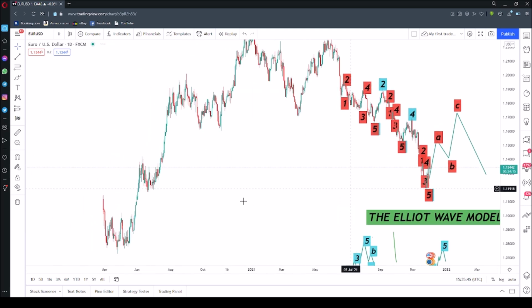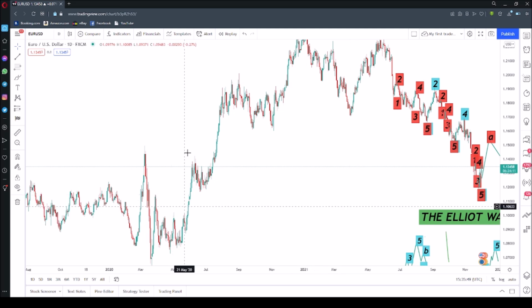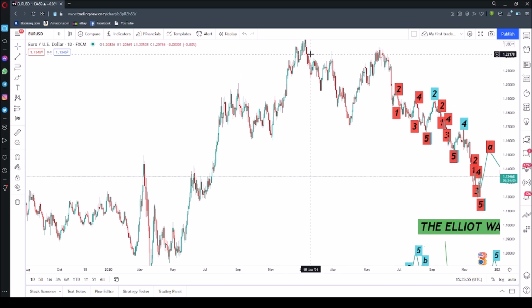In this case, if we are to go back with theory, yes, we would see that we had 1, 2, 3, 4, and then we had 5 in this case. So if we are to go to the weekly time frame, we would see where we are in the Elliott wave cycle, and knowing where we are in the Elliott wave cycle will give us a higher chance of knowing where the market is going to take us next.